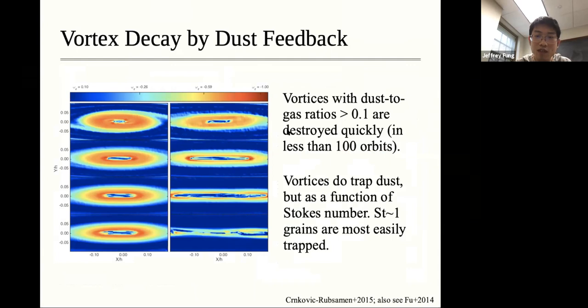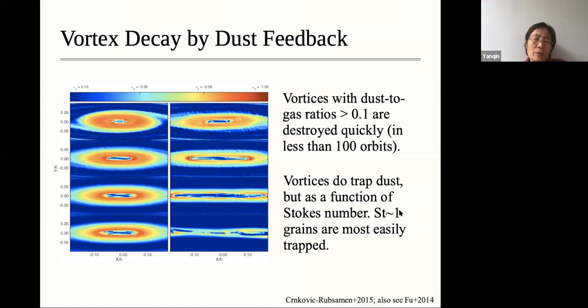In some existing simulations, people have found that when the dust to gas ratio is above 10%, vortices don't live longer than 100 orbits. This of course works, but depends on the Stokes number. Grains with Stokes number about 1 are most easily trapped, so you get more concentration of those. If you're far away from this, then again, it would not work as well.